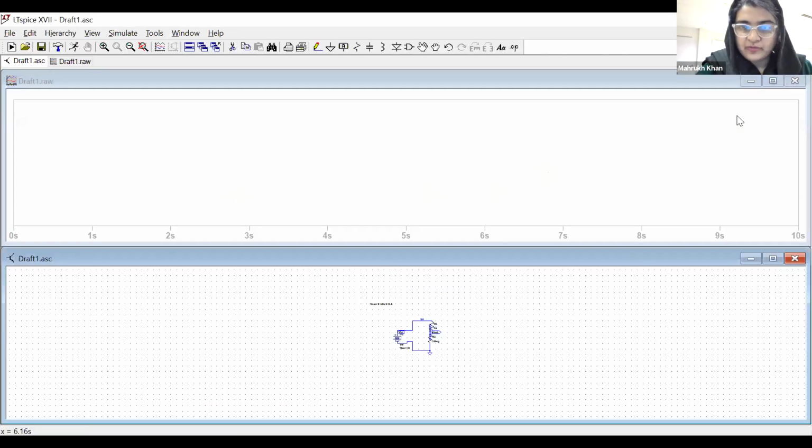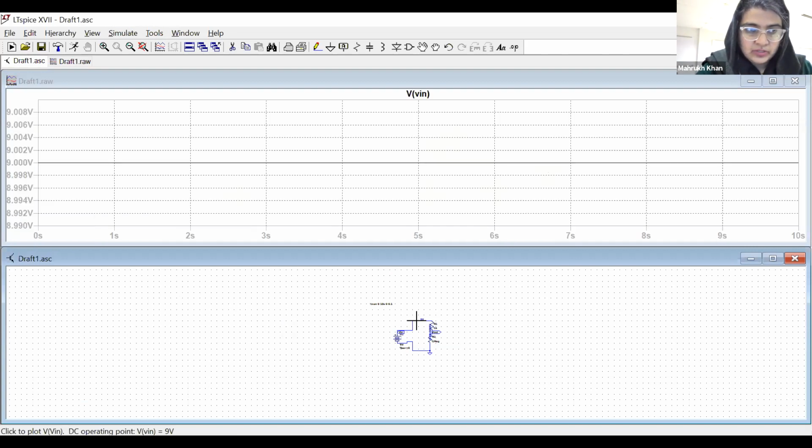Okay, so that's what I was talking about, that I wanted my waveform like that. So this is V in. Should make it a little bit bigger.